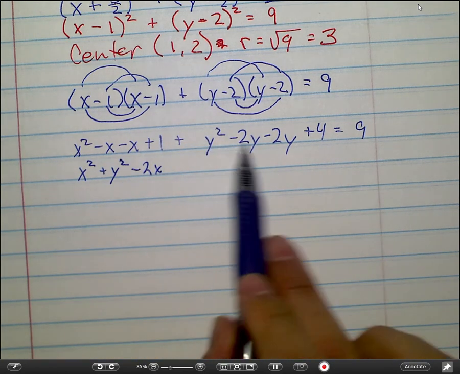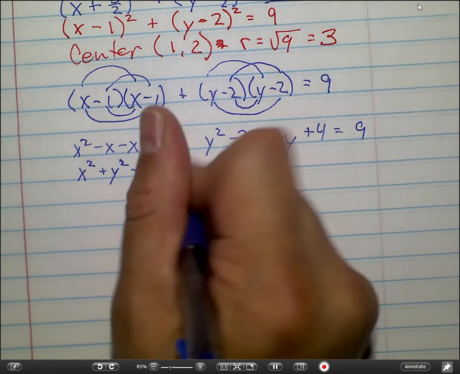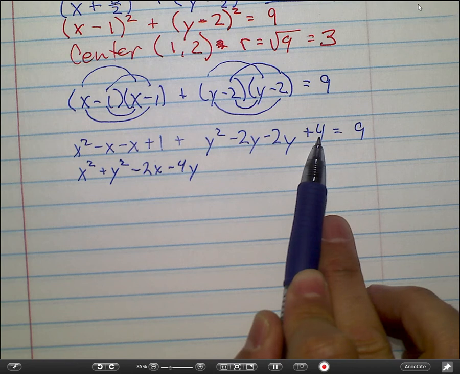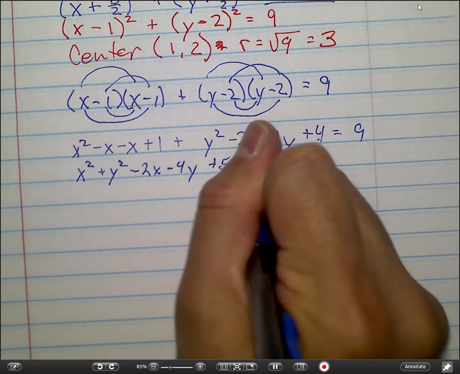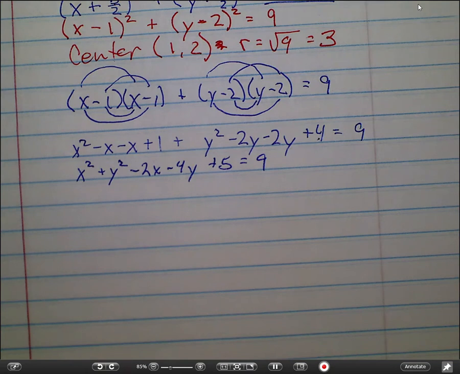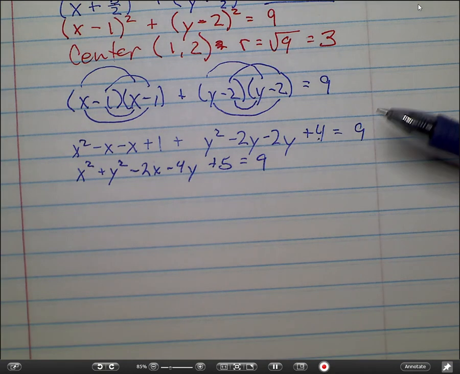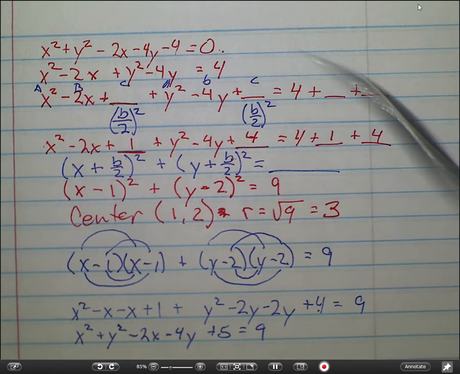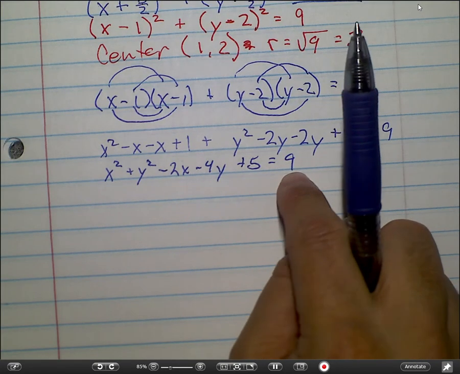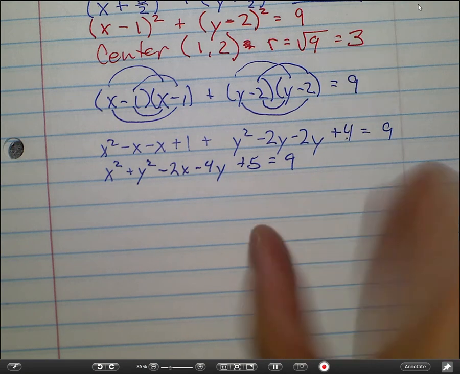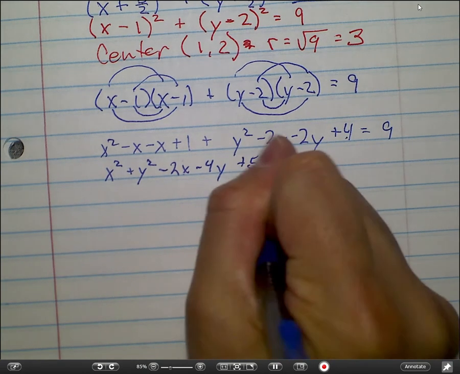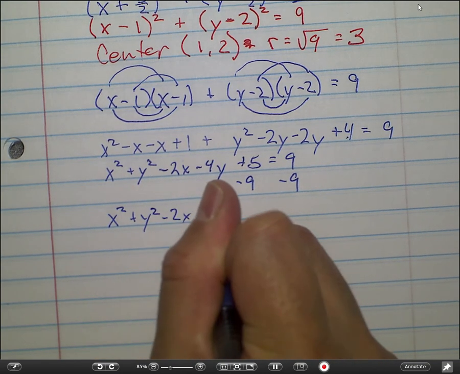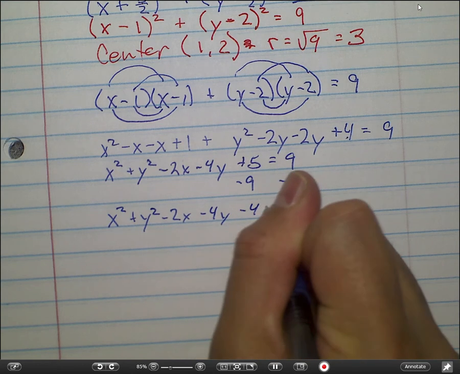And then over here, negative 4y plus 1 and plus 4 equals 9. On my original problem, it's equal to 0, right? So what I need to do is subtract 9 from both sides to make this 0. Minus 9, minus 9. So now I get x squared plus y squared minus 2x minus 4y minus 4 equals 0.